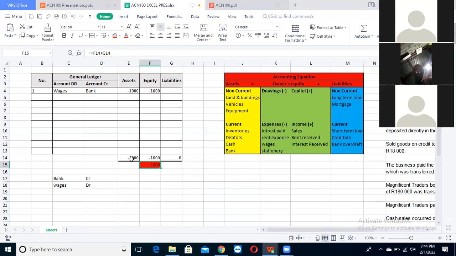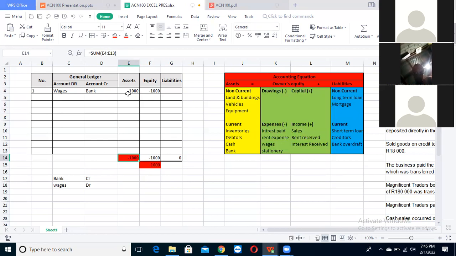This one is an addition of equity and liabilities. We've added the equity column and the liabilities column, and it should always be equal to the assets of the company. The moment these two are not in tally, then we know that somewhere, somehow, we have not followed the principles of accounting.